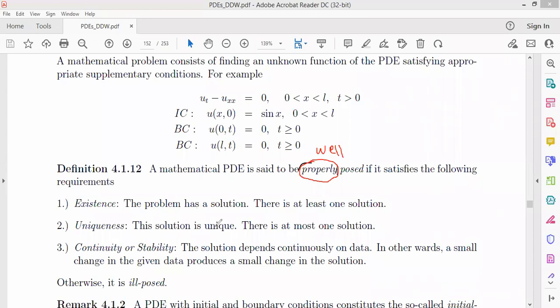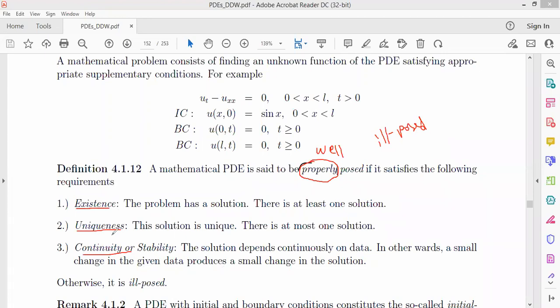If it does not satisfy these ones, we say it is ill posed, meaning the inconsistency in that. And here, what are the three conditions it must satisfy? The first one is existence, there is uniqueness, and there is continuity. These ones are not new.